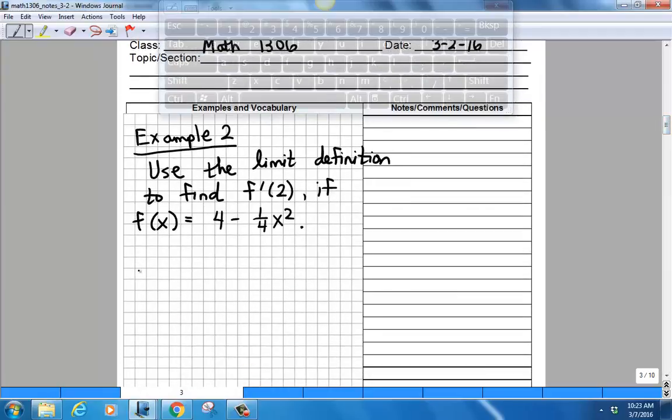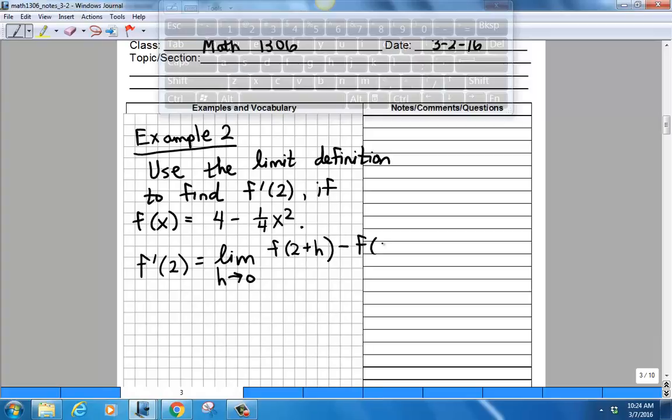If I want to find f prime of 2, remember what the limit definition says: I need to find the limit as h approaches 0 of the slopes of a bunch of secant lines. And those secant lines look like what? Well, they would be f of, what value am I starting at? 2, plus my increment.